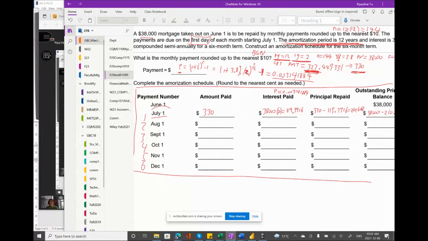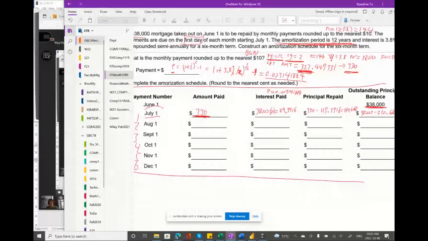You take the mortgage, the outstanding balance is 38,000. On July 1st, you make your first payment. How much? $330.